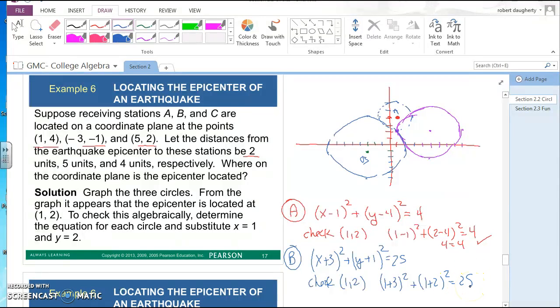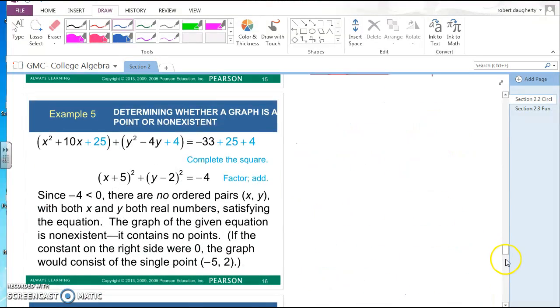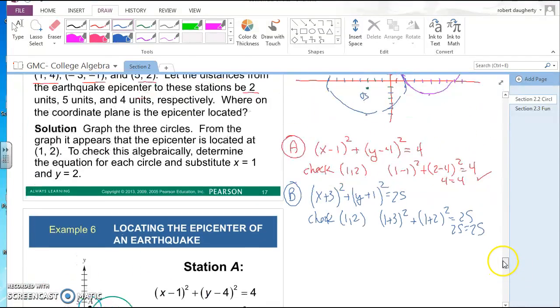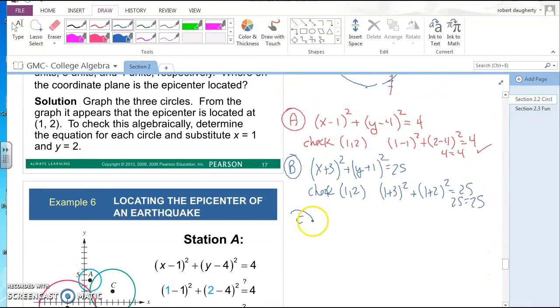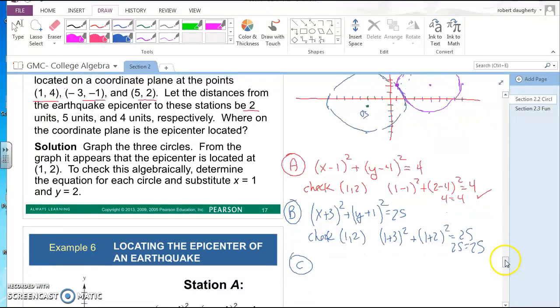So that gives me 16 plus 9 is 25. So 25 equals 25. And then the last thing is to check for circle C. That circle is (x minus 5) squared plus (y minus 2) squared equals 16.